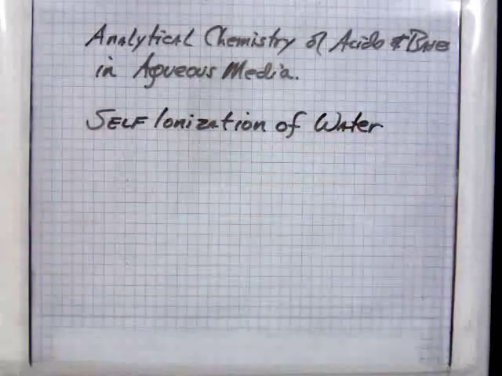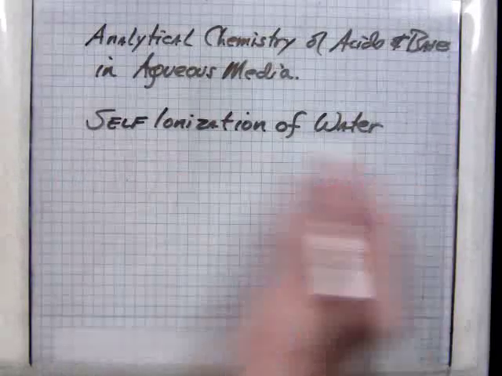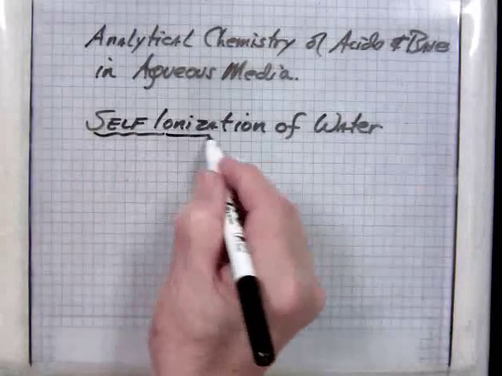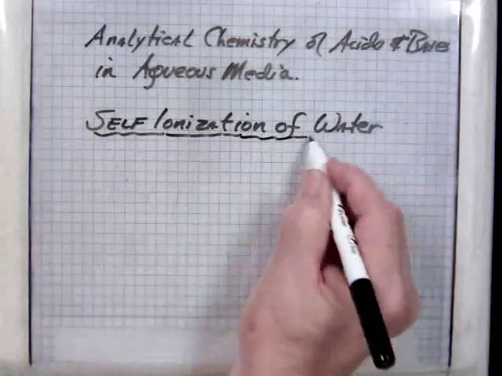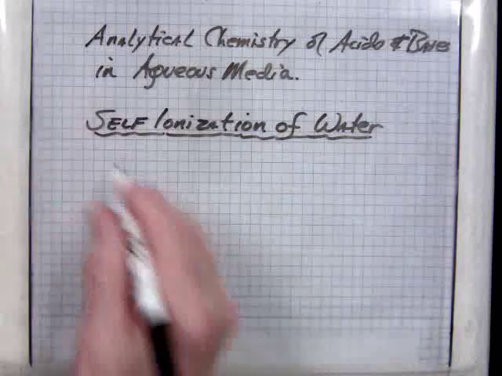Now, ammonia does a self-ionization, but we'll look at that in depth, probably in the next chapter more than this one. But self-ionization of water is the fundamental reaction that is responsible for the existence of an acid solution or a base solution.